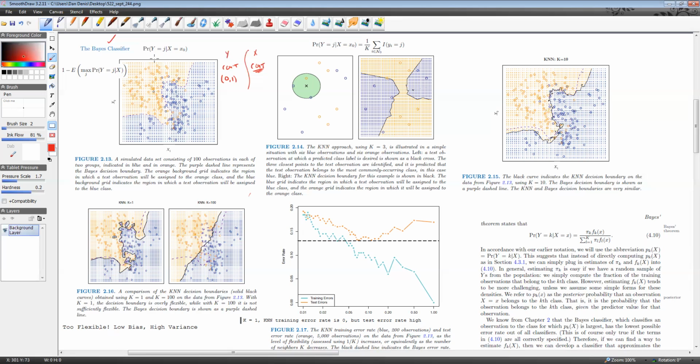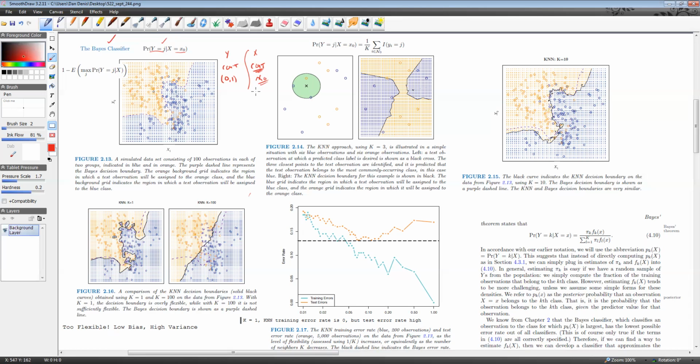So what does Bayes' classifier actually say? It says that it's going to pick the probability for the given class of Y, so the particular class is equal to J, given a particular value of X. So imagine you have values of X here, and there's X sub naught, so there's one particular value.